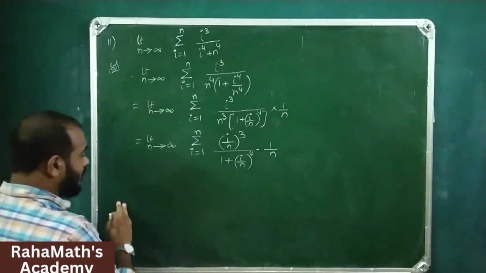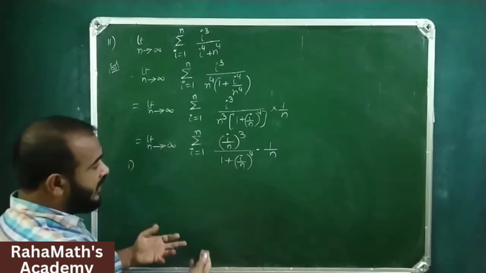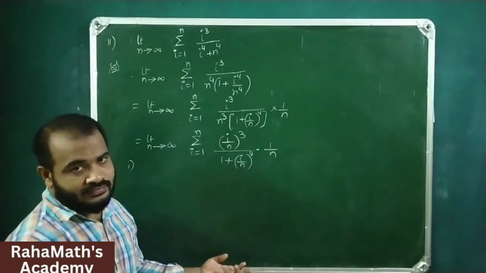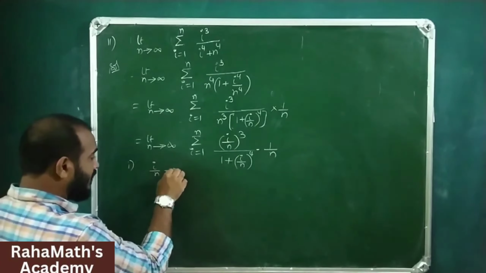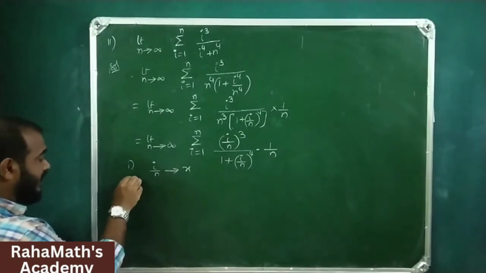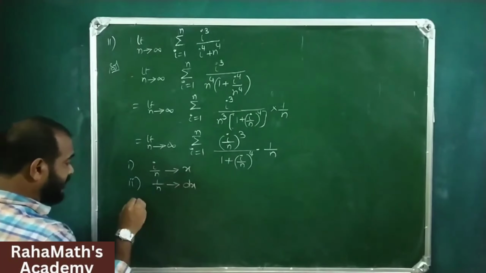So here, very first, instead of r by n, I have i by n. So i by n is to be replaced with x. Second, 1 by n is to be replaced with dx.